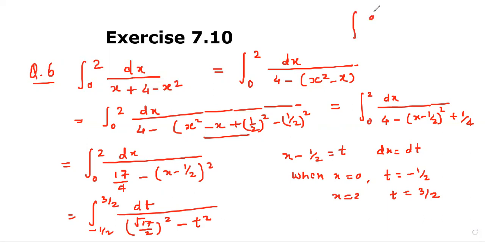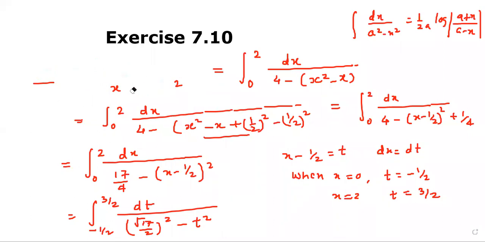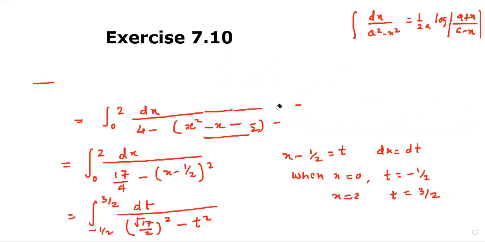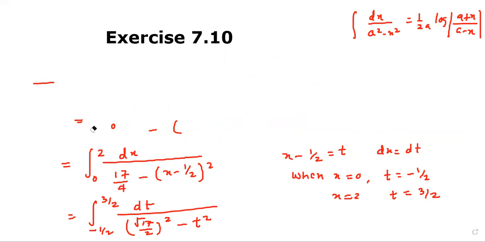integration dx upon a square minus x square equal to 1 upon 2a log modulus a plus x divided by a minus x. So it will become 1 upon 2a, here a is root 17 by 2.